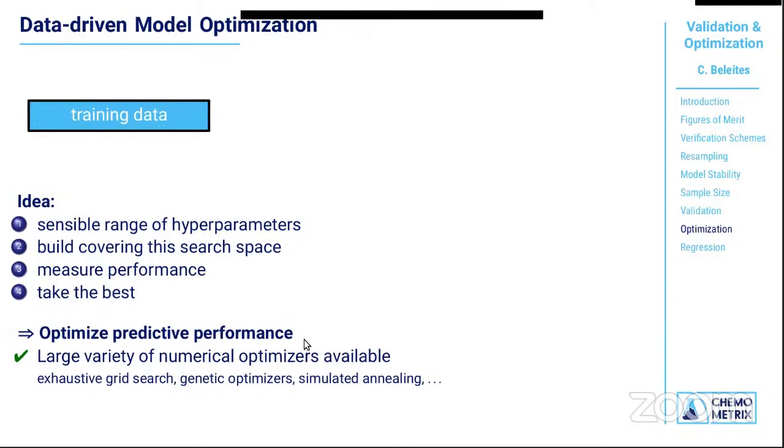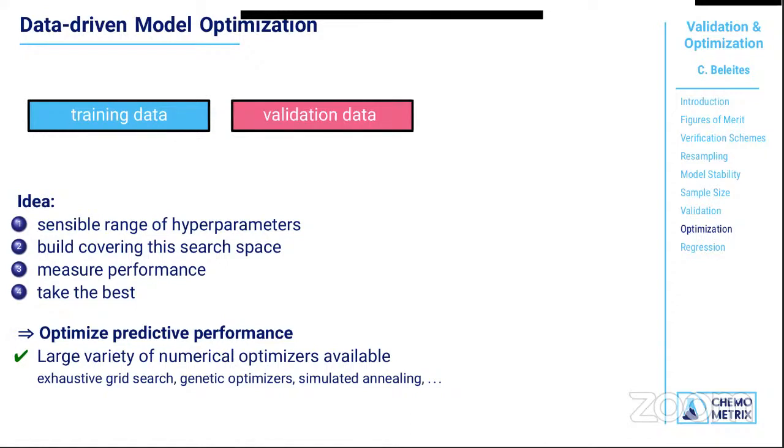And this way we optimize the predictive performance. And there's a whole lot of numerical optimizers that are used. Maybe the most fashionable or easiest one in machine learning is called exhaustive grid search. That is, we set up a hyperparameter grid and we calculate all those models, and when the calculations are done, we come back and see what's happened.